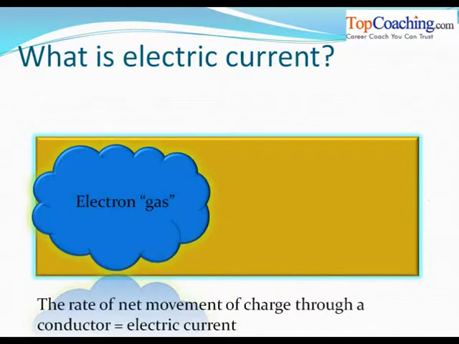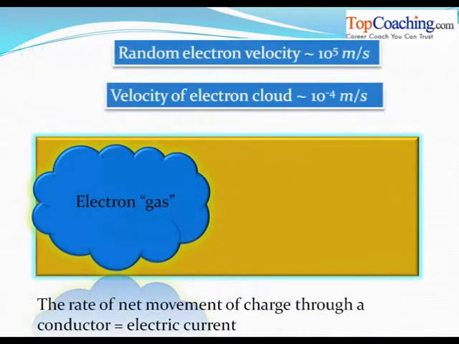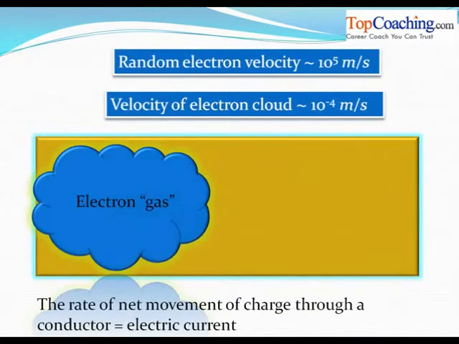Interesting, isn't it? Now another interesting fact here is that the random velocity of electrons in general in metals is around 10^5 meters per second. This means that the electrons are moving here, there, in all directions at this speed. However, the velocity of the electron cloud, that is the velocity of the electrons in a specific direction when an electric potential or electric field is applied, is around 10^-4 meters per second.